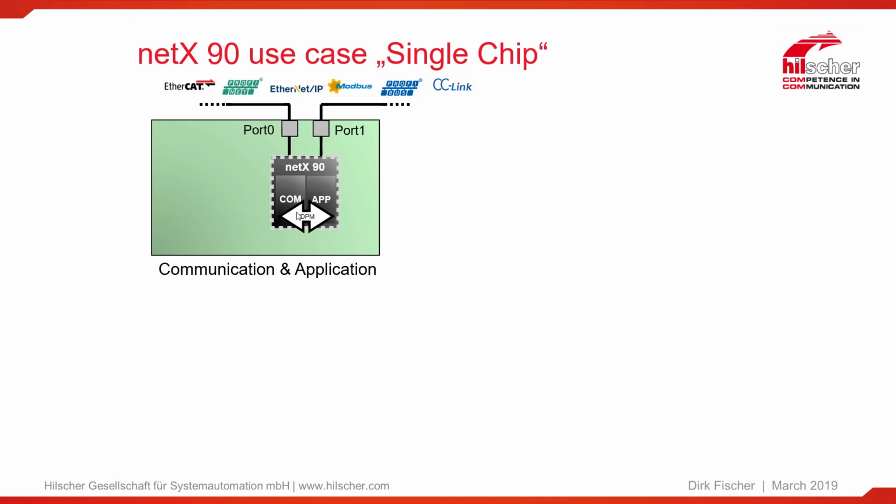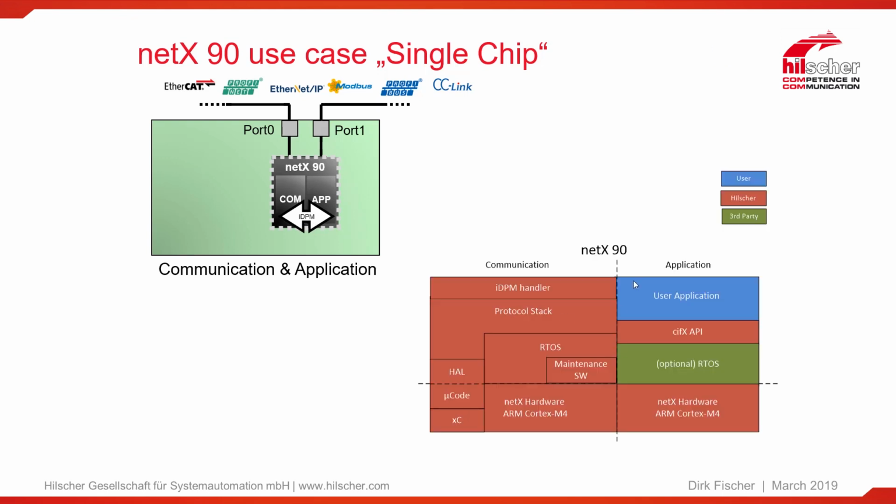In this case, we also have this interface between both worlds, but we use an internal channel, the IDPM channel, internal DPM. The software structure is exactly the same as with an external host, but now we have the application part inside the same chip, inside netX 90. But we still have a clear separation, and we have the same communication mechanisms via the DPM.